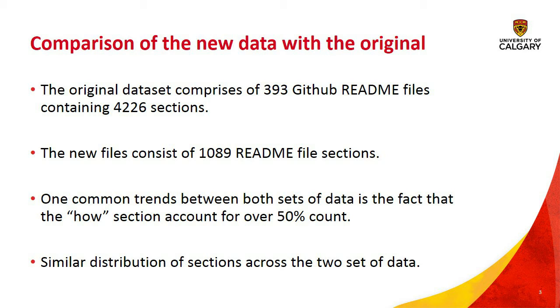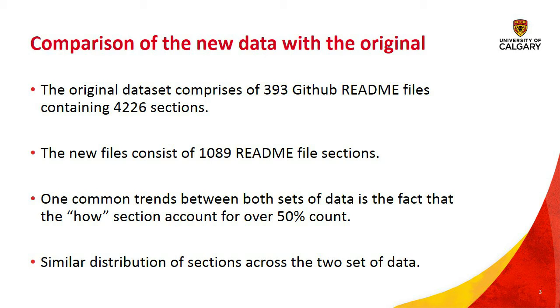In this part of the slide, I'll be comparing the new data set with the original data set. The original data set comprises 393 README files, which has over 4,200 sections.